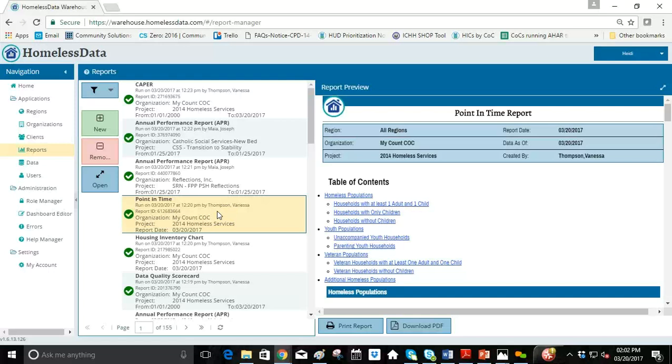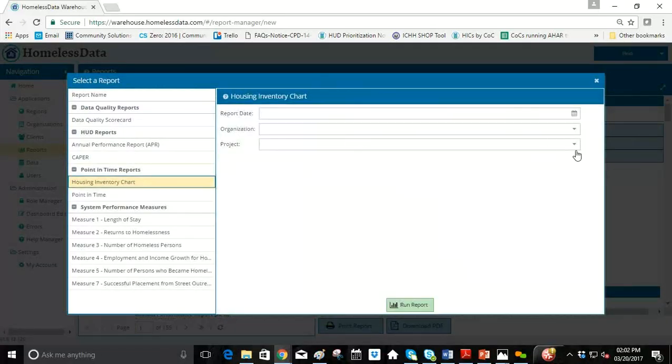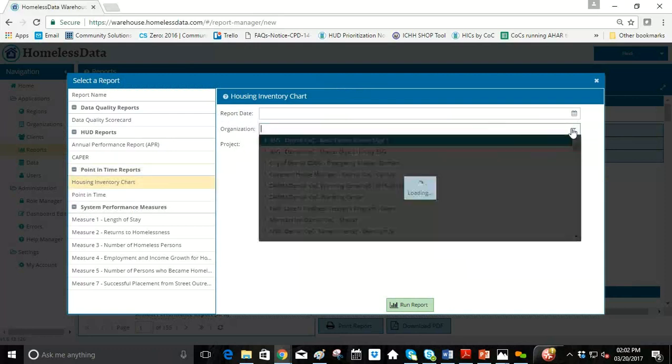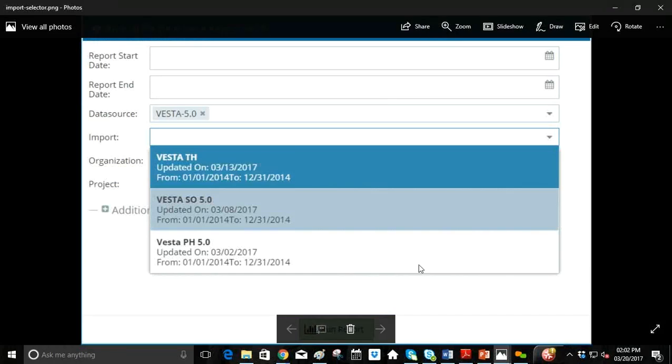All right. So on that, I think this is a good moment to talk about reports. Right now, you can run your reports, and you have to select your organization and your project for all of the reports. Well, soon to come is going to be the ability to run a report over a particular data source or over a particular data import.